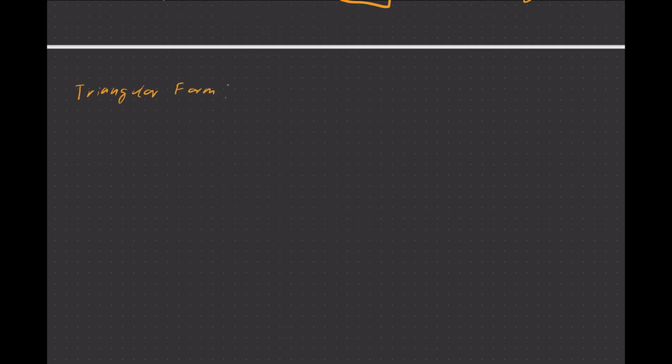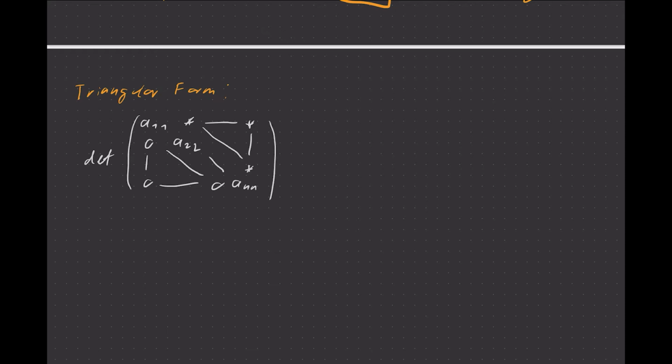So that means if we have a determinant of a matrix that looks like this, A11, A22, and so on, the diagonal up to Ann. Below those, we'll only have zeros, like this. And above, we're allowed to have anything we want. So basically what we have here is a matrix in echelon form, and that's what makes the special rule so important.